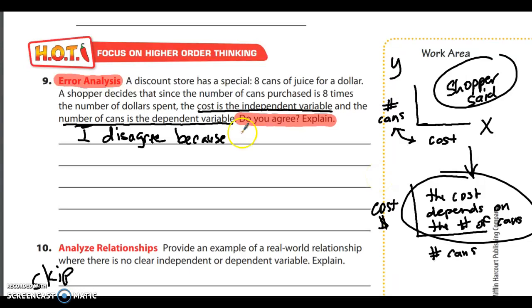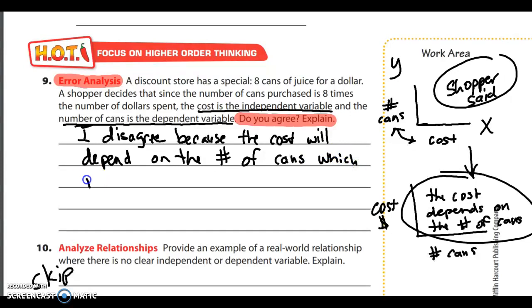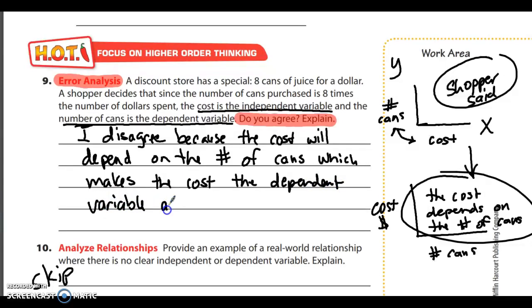I disagree because the cost will depend on the number of cans, which makes the cost the dependent variable and the number of cans the independent variable.